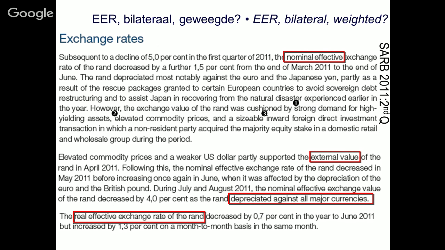So a nominal bilateral exchange rate is like the rand dollar is currently at what? We check today. You guys need to have that ready in your portfolio.